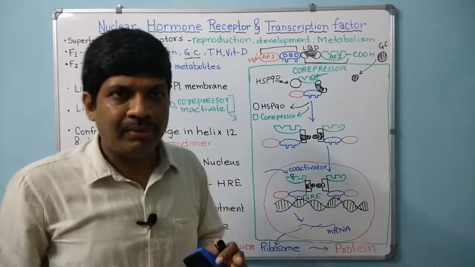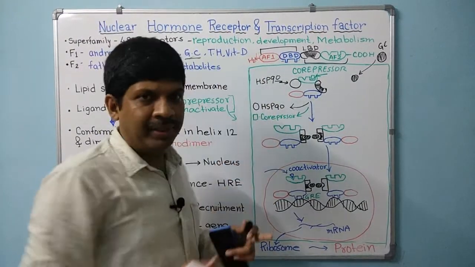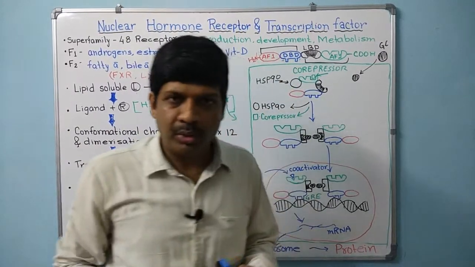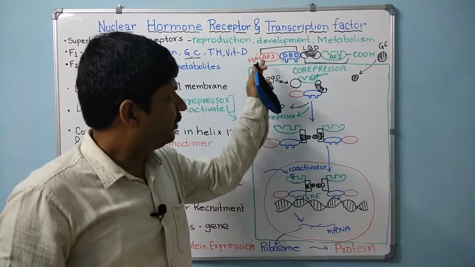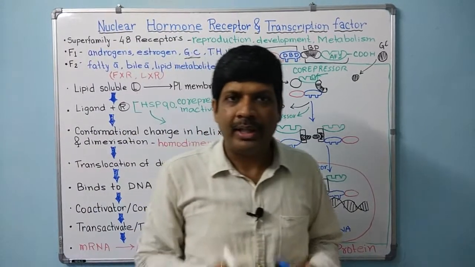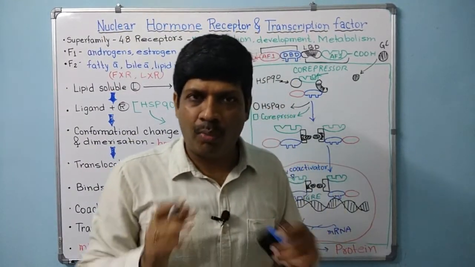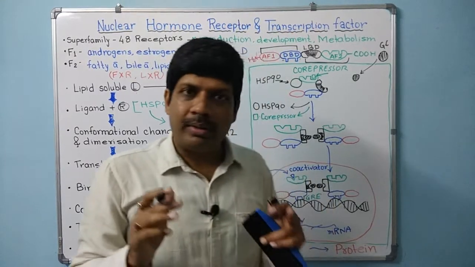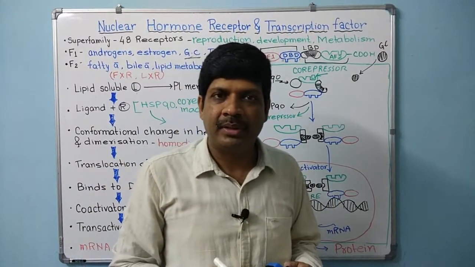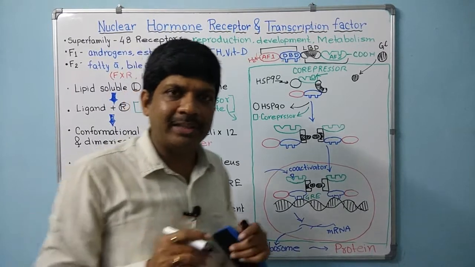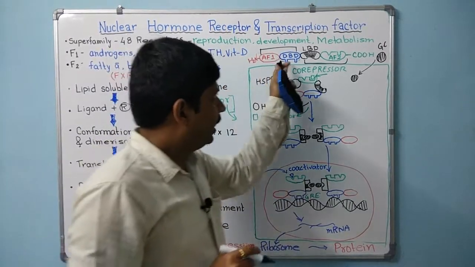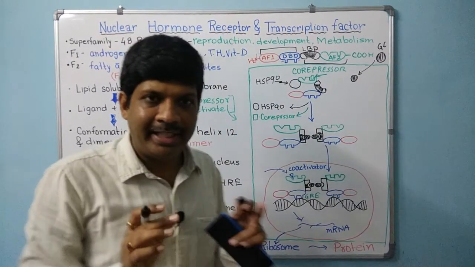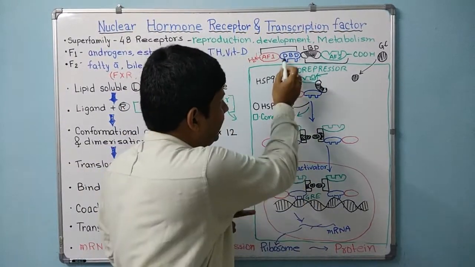In the first half, which is nearer to the amino terminal, there are two domains, the first and second domain. Near the amino terminal, the first domain is AF1, that is activation function 1 domain or activation region domain. This AF1 helps in transcription. Near that, another domain is there, called the DNA binding domain, DBD.